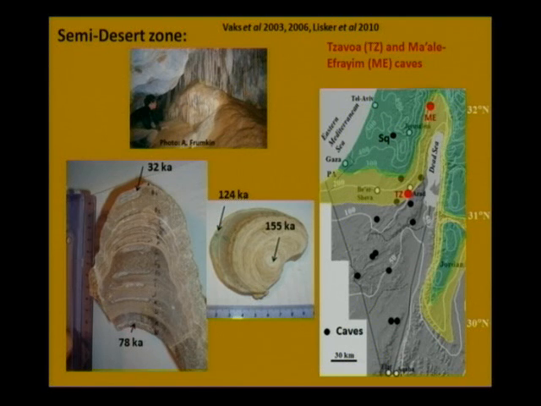And this is a photo from Tsavoa Cave. Here are two speleothems. This is a perpendicular cross section of a stalactite, and this is a stalagmite of the last glacial period. And this is the previous glacial period. This is a small piece of interglacial between the two.